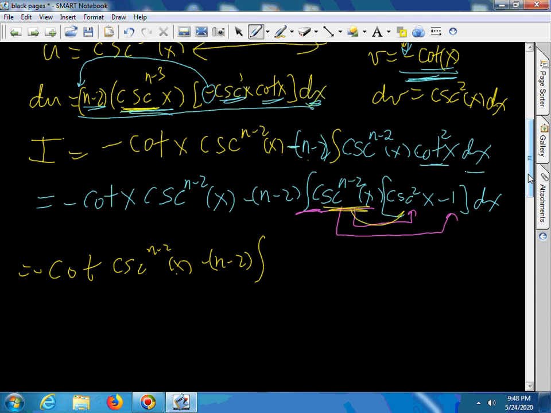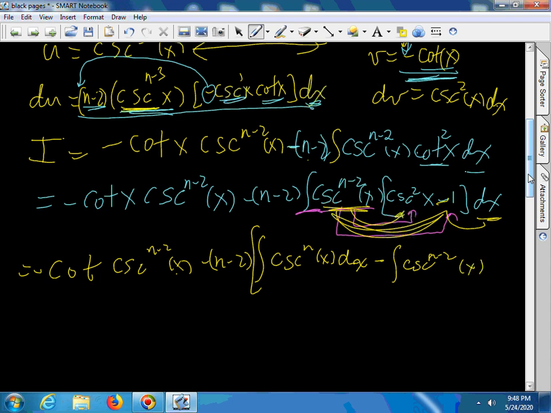So this times cosecant squared x times dx, which is cosecant^n x dx, minus, now I multiply those two times dx, and I get the integral of csc^(n minus 2) of x dx. Okay, I'll distribute this constant.